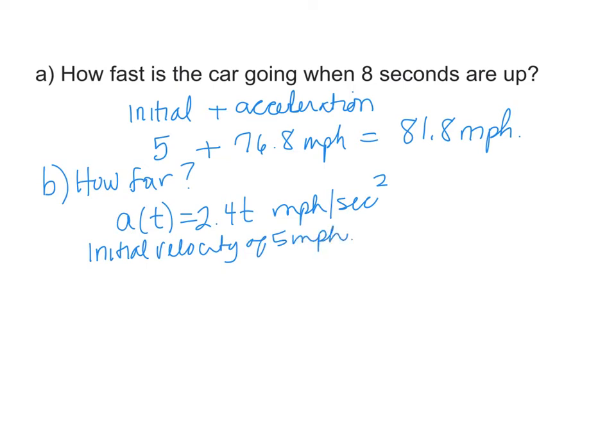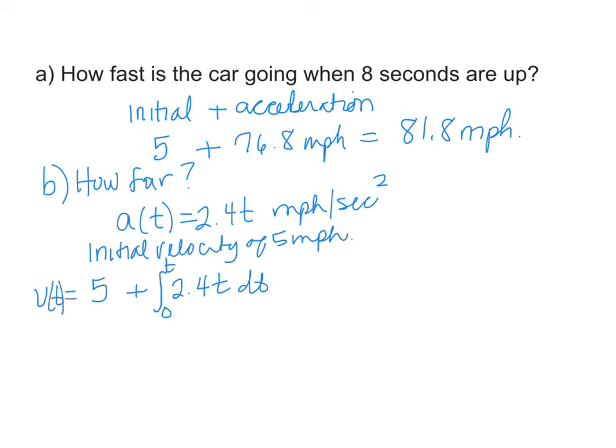Okay, so when we go to find the velocity, right, we have to integrate 2.4 t from 0 to t dt, but we also have to add to that the initial velocity that we were given in the beginning, all right? So all of that is going to equal velocity.